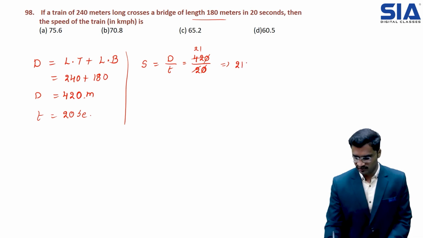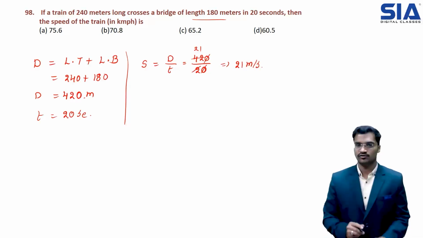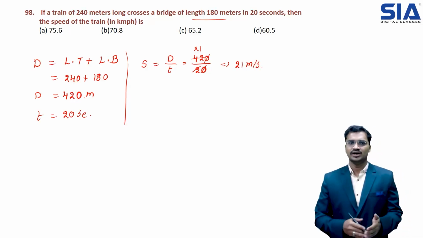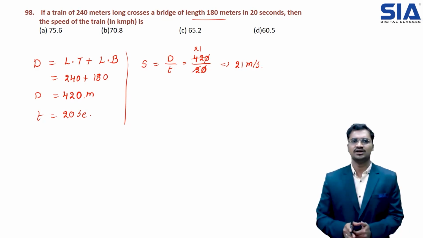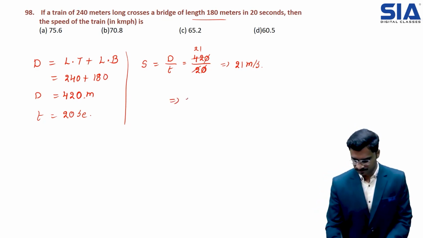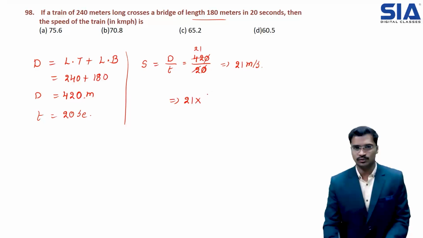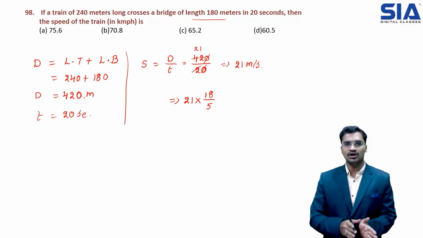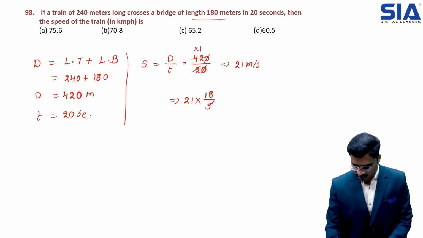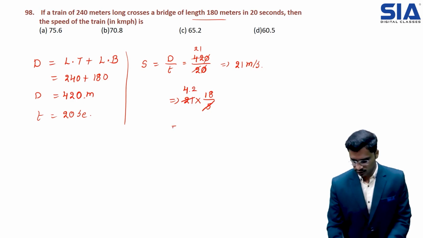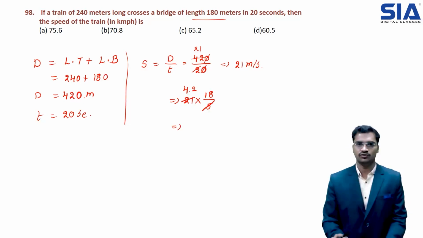So 21 meters per second. 21 meters per second is our answer, but he has asked this speed in kilometers per hour. So let us solve this. So 21 into what should we multiply? We should multiply it with 18 by 5 because we are going from smaller value to bigger value. So let us solve this. 5 4s are 20, 5 2s are 10. So 18 into 4.2. 18 into 4.2 is what?